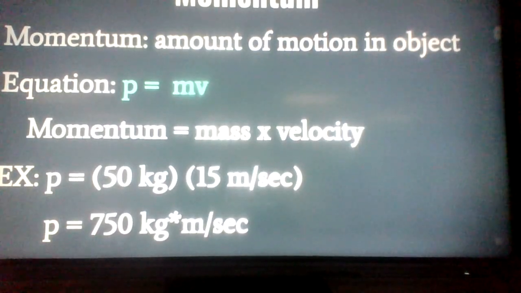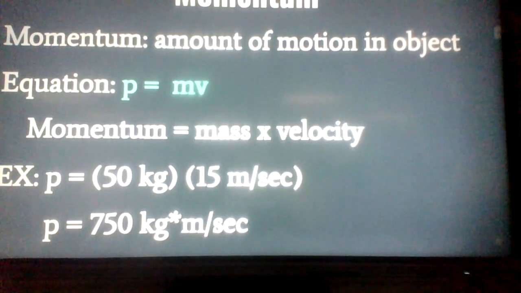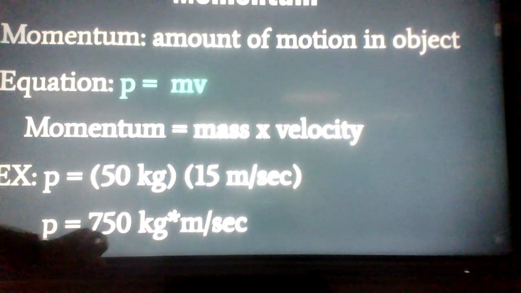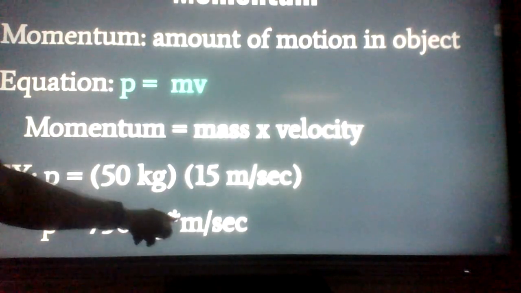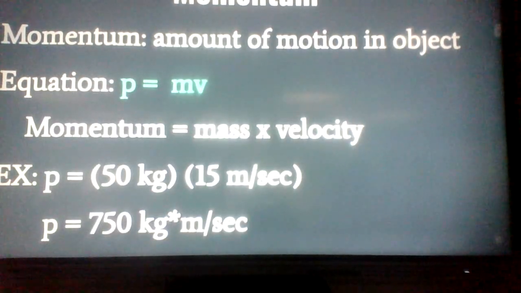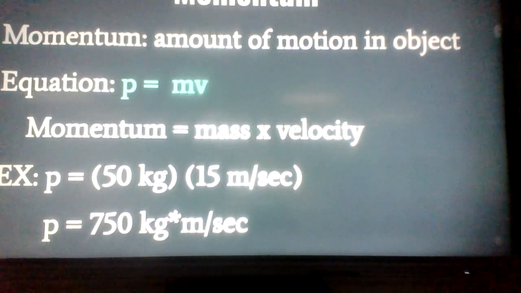We don't have a shortened way to write momentum. The unit for momentum is kilogram meter per second. At first it might look like it's easy to forget, but then remember, mass times velocity. Mass times velocity. So if you forget the unit for momentum, just realize which two units you're multiplying together.